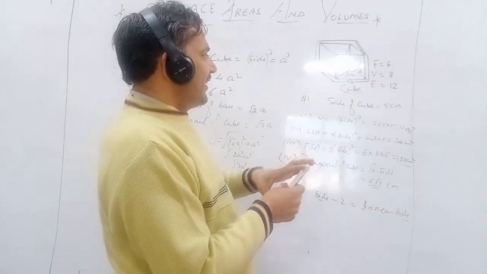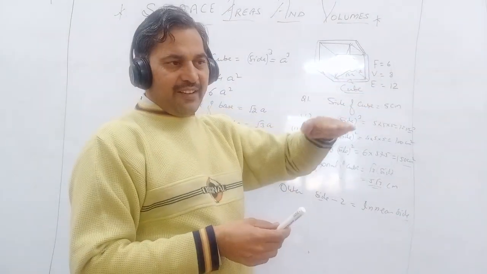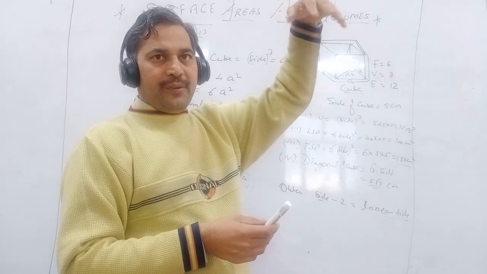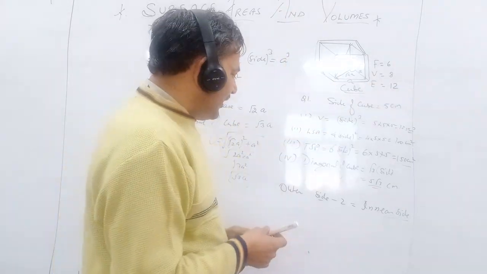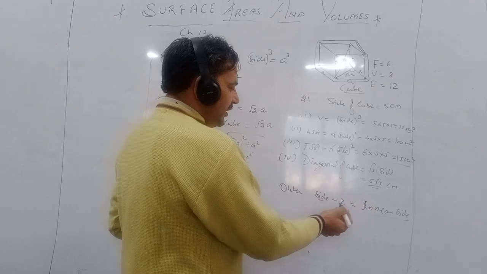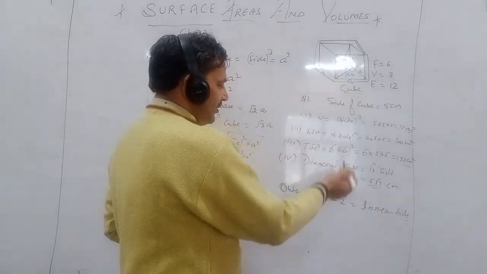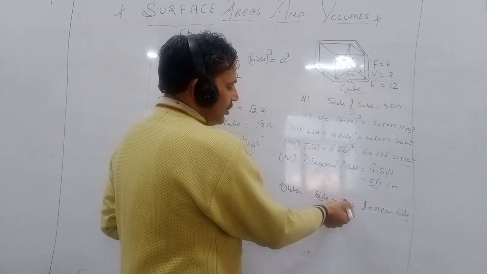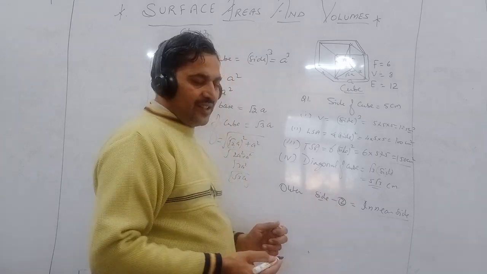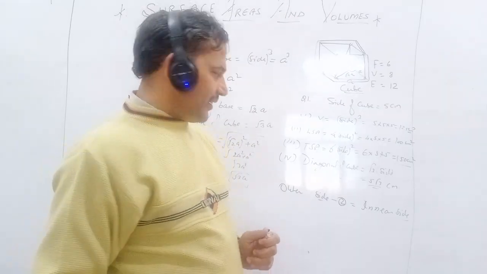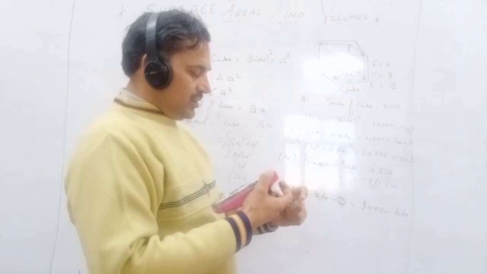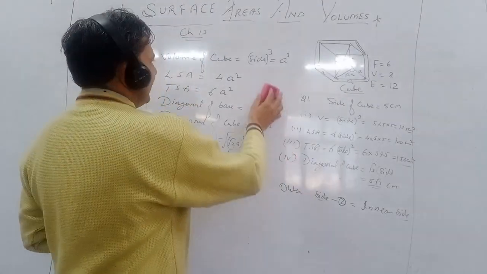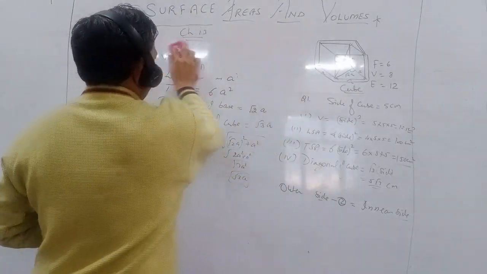In that condition, thickness is only at the base, but the upper face is open. So you subtract the inner side only once, not twice. Okay, clear everyone? Now let's see the next figure, the cuboid.